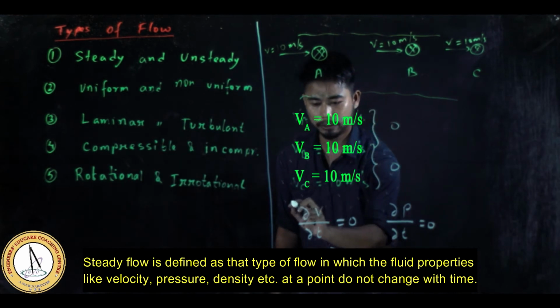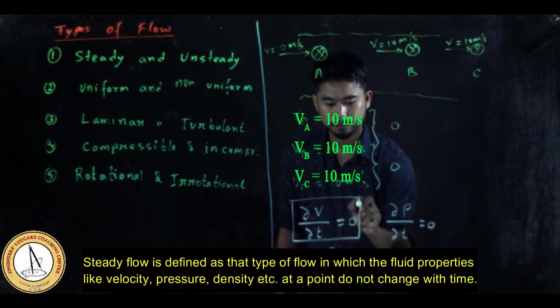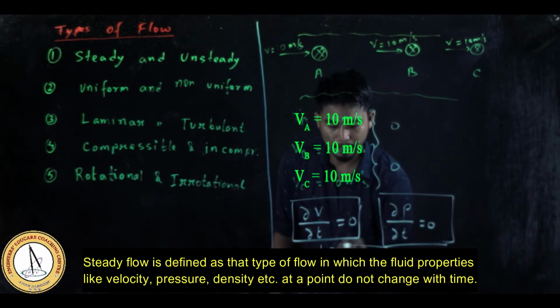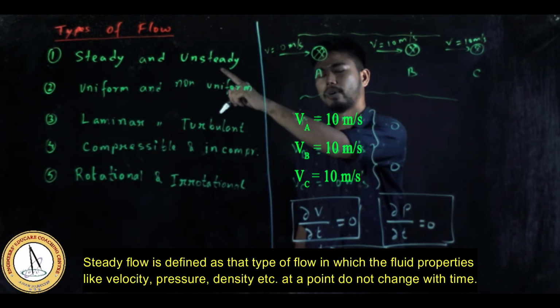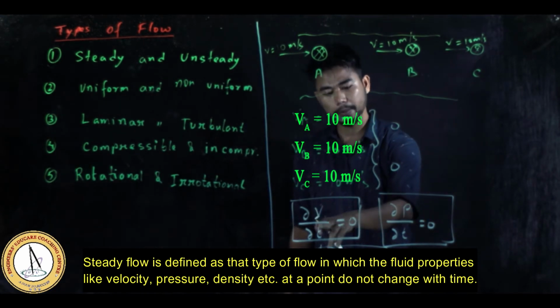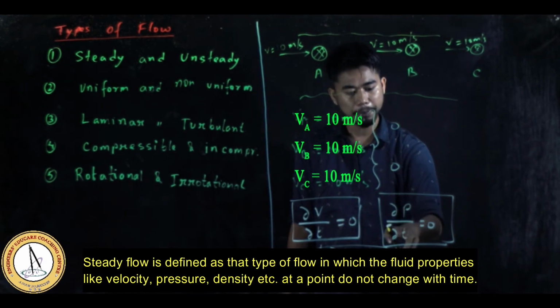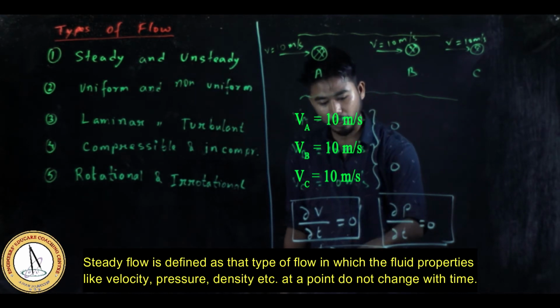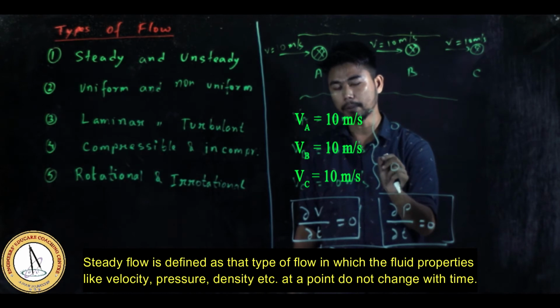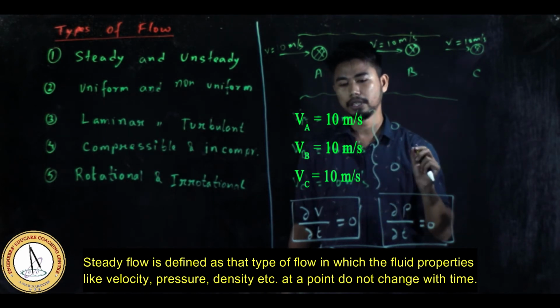It is still 0. So these things, it is the mathematical expression for the steady flow. So remember the mathematical expression, delta V upon delta T is 0, delta P upon delta T is 0, delta rho upon delta T is 0. That means what? The change in the fluid property with respect to time, it is 0.